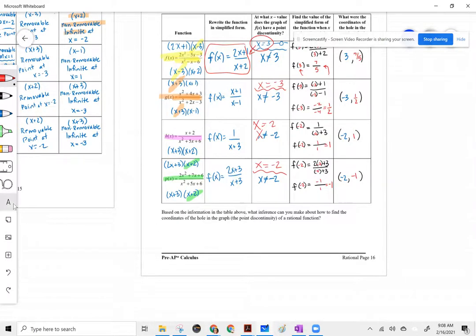Okay, so first, we need to simplify the function, then evaluate the function at the x value of the point discontinuity.